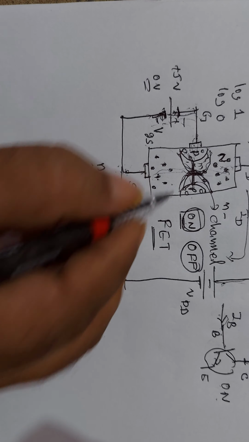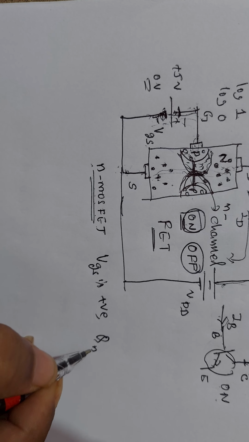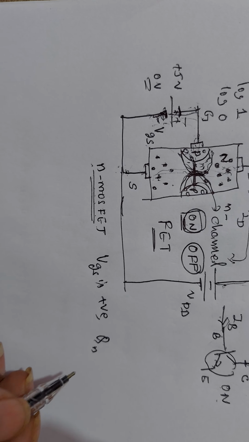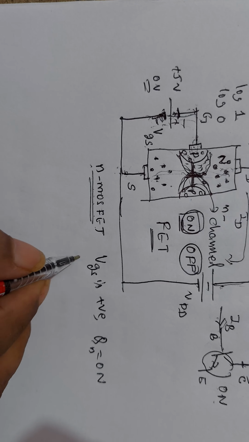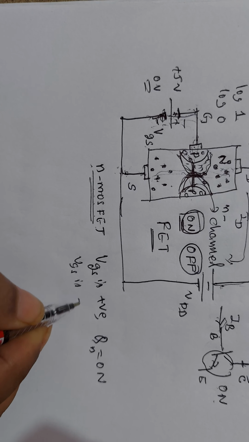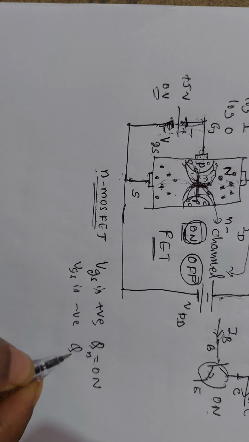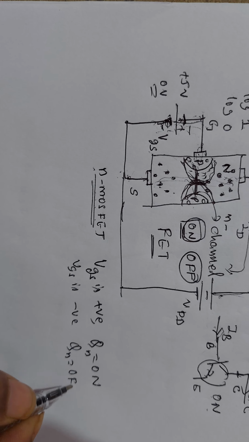I will represent this transistor as QN, that is N-channel FET transistor. It goes to on. When gate is negative, VGS is negative, the N-channel transistor goes off.